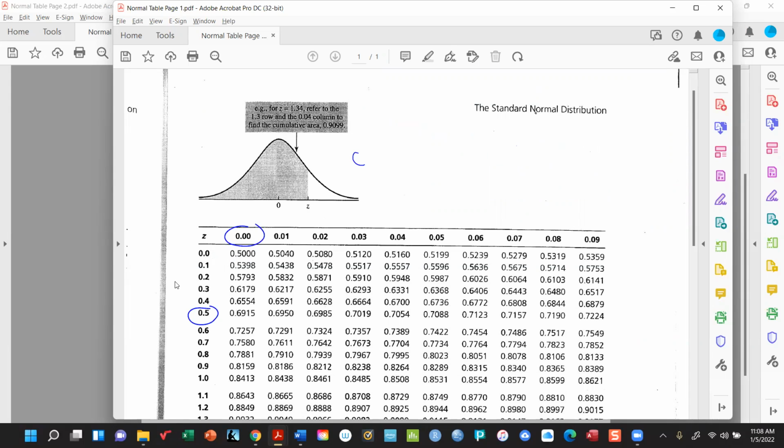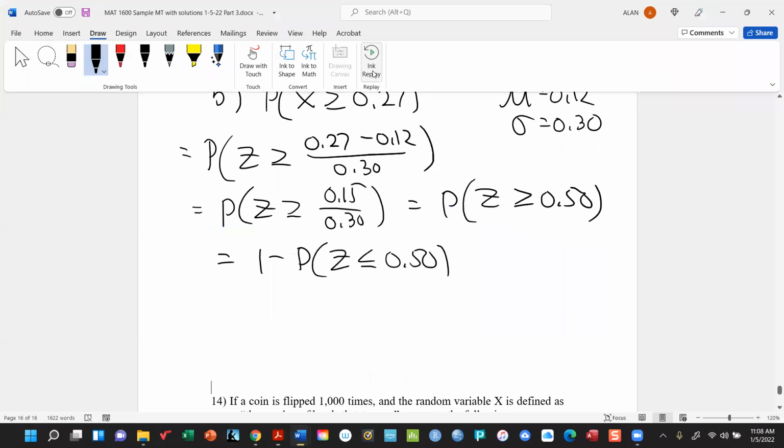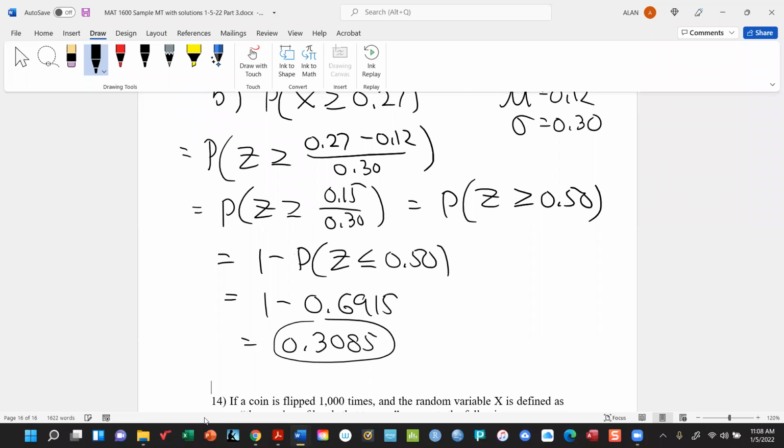So think of 0.5 as 0.5 plus 0.00. And so it's here, 0.6915. That's the probability of being less than or equal to, and that's the final answer.